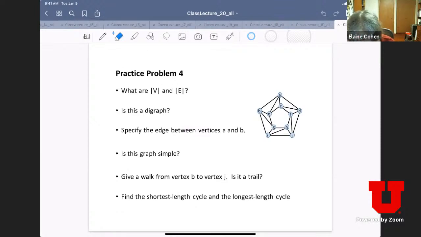Okay, so someone says go from B to A to D to F to C. Oh, we're taking a long route here. To E, to G, to H, to J. Good. That is indeed a walk. Is it a trail? Did we go over any edge?